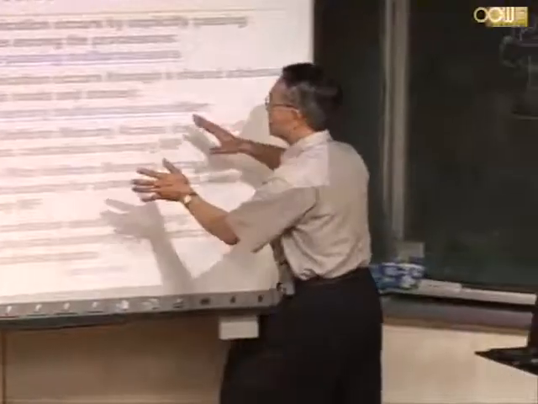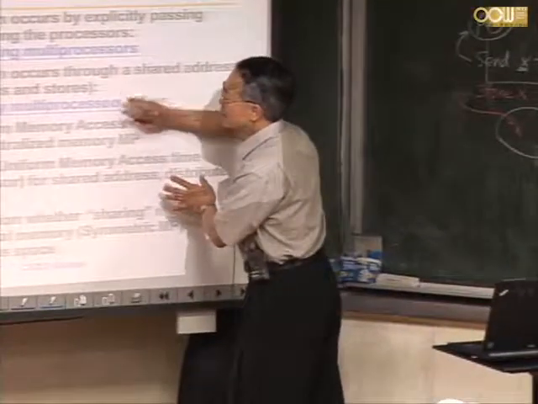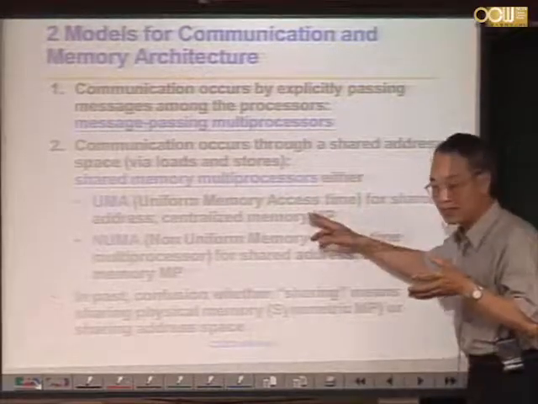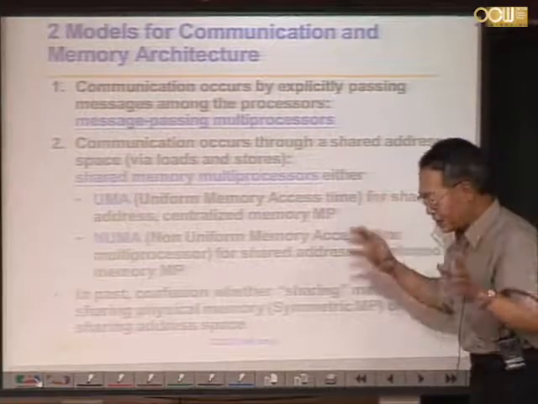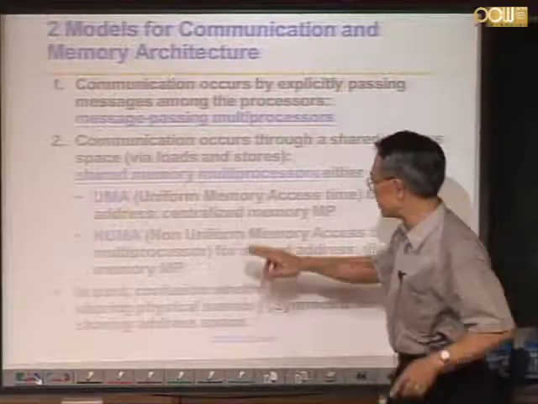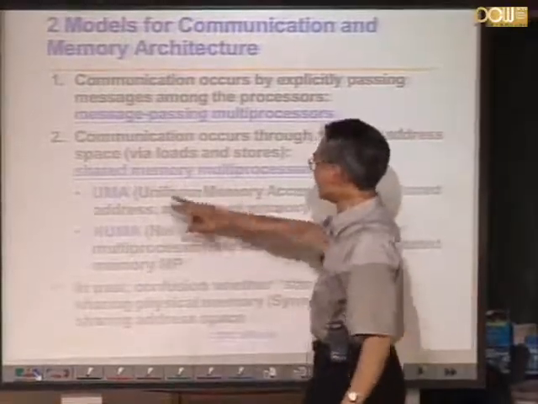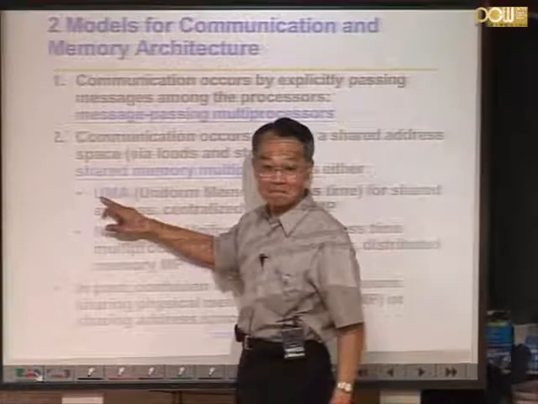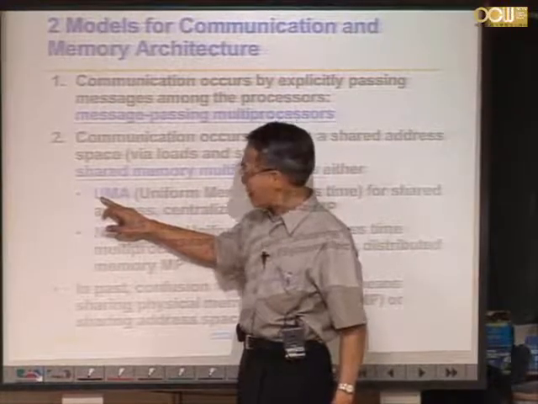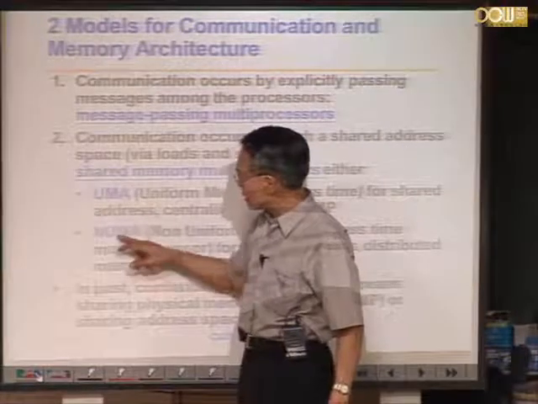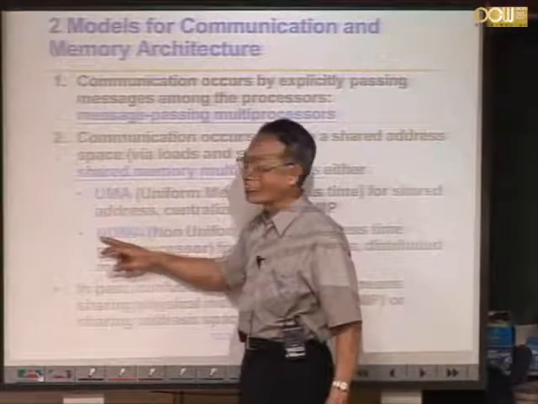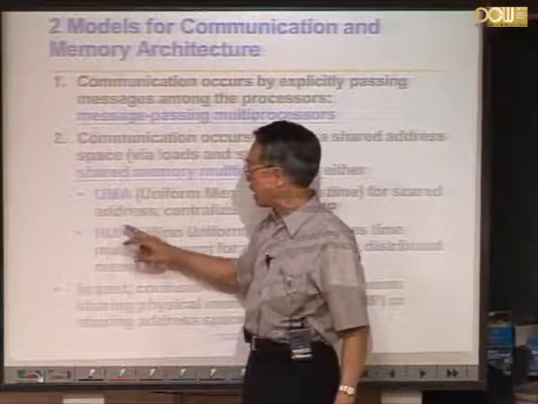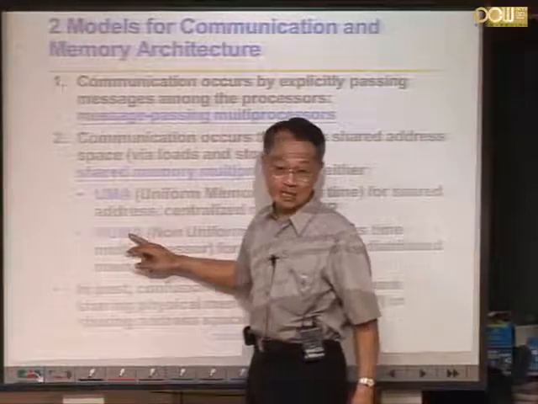For the shared memory multiprocessor, if you have a centralized memory, every processor will have the same distance to the memory, so the memory access time is uniform. If the memory is distributed, then the memory access time is non-uniform, called UMA and NUMA for short.